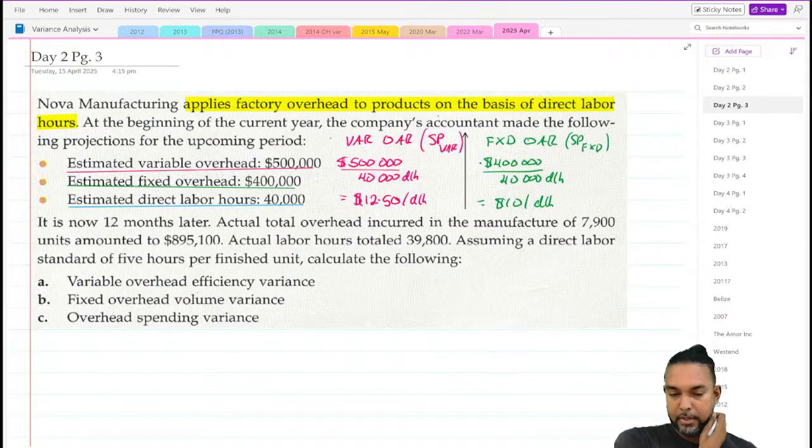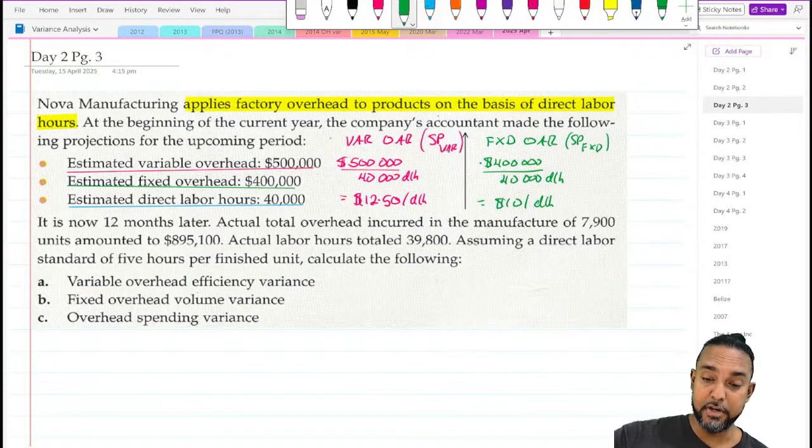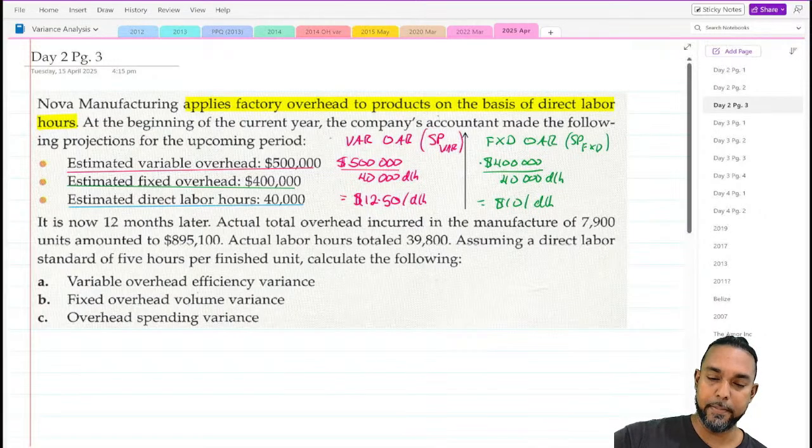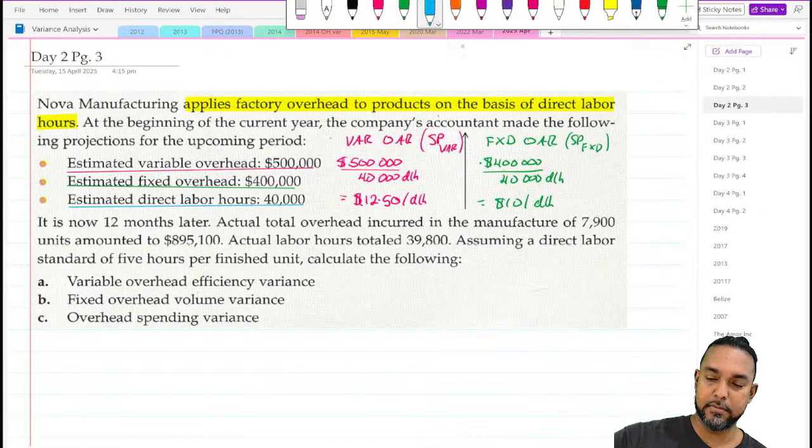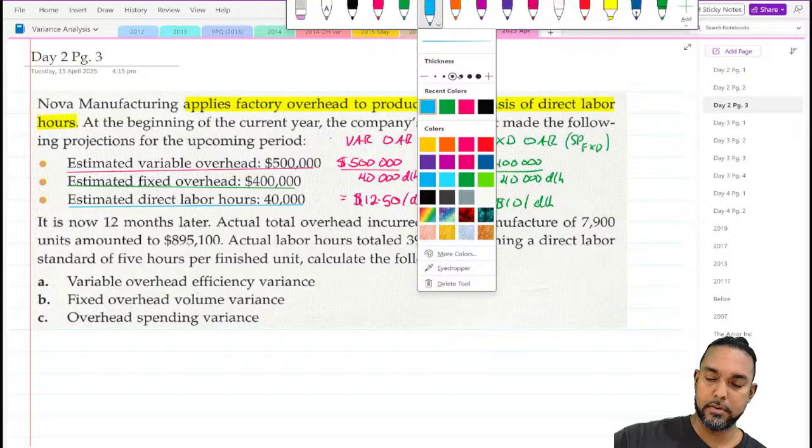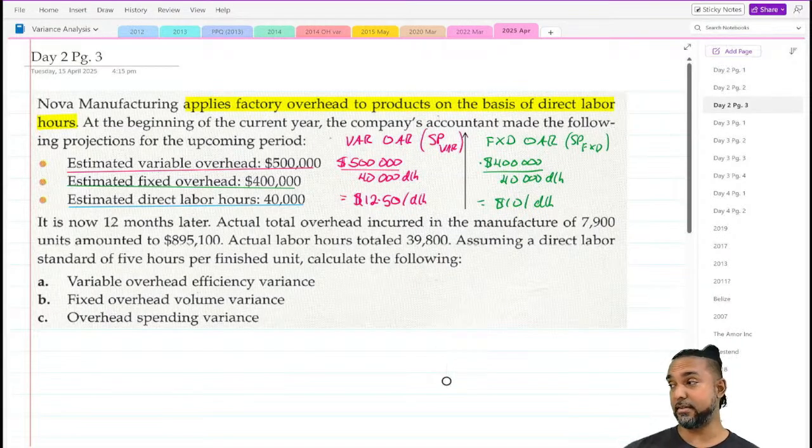Okay. Cool. Now let's continue reading because we didn't finish reading the question. We just stopped in the middle there to get some information. It is now 12 months later, apparently.